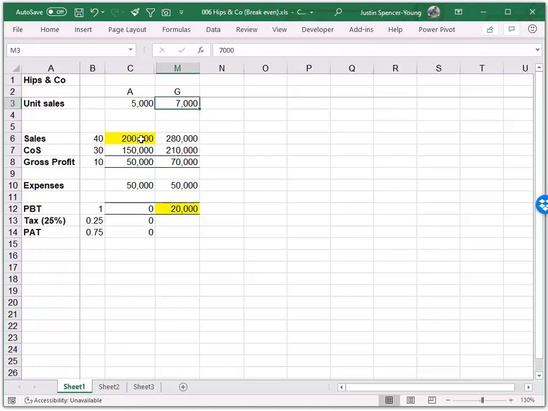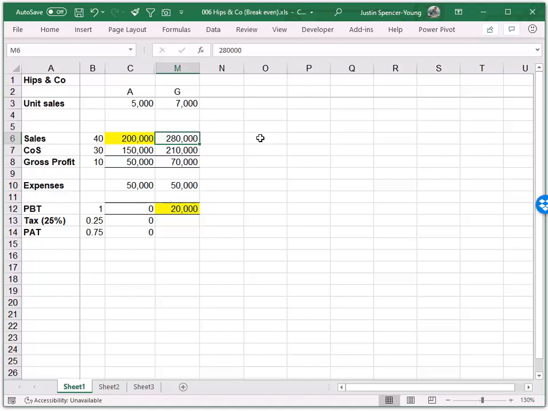7,000 units in production times the cost of production gets us to 210. 280 minus 210 gets us to 70. So this is the manufacturing component and the sales that we expect to produce. If at this stage we make the assumption that our marketing campaign will cost us nothing and therefore our fixed costs remain the same, we will make a profit of 20,000 from the extra 80,000 that we produce.